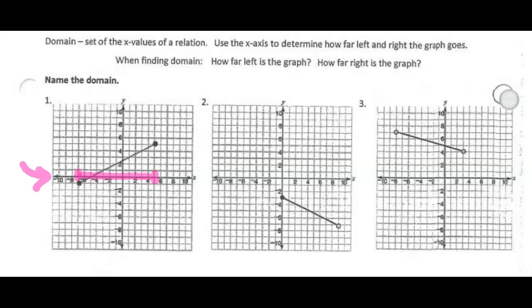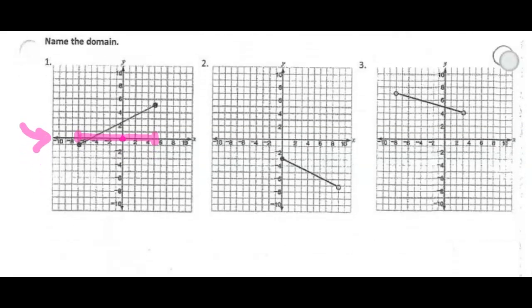So what I'm looking for is the lowest number to the left. When you go left from the origin, the numbers are negative. If you look how far left that graph goes, I'm going to put a D down here, that graph goes all the way to -7: 1, 2, 3, 4, 5, 6, 7.